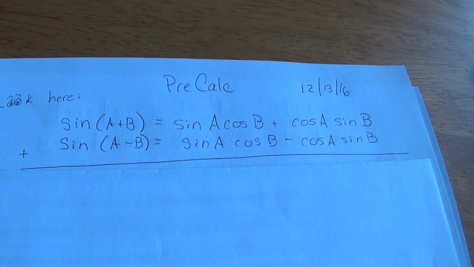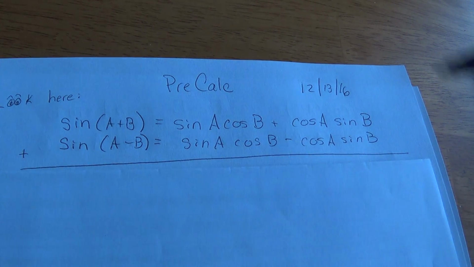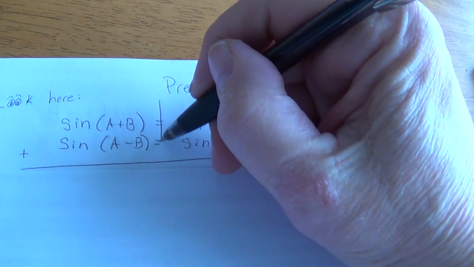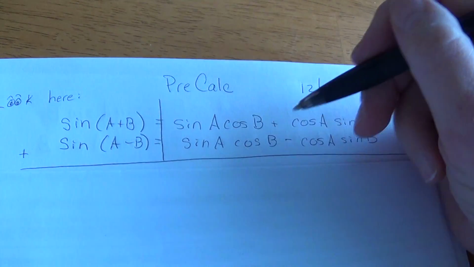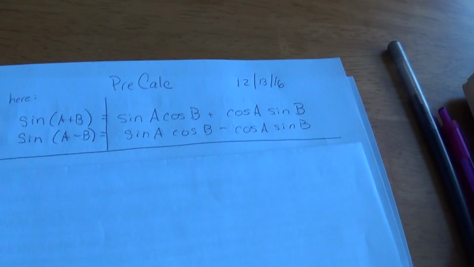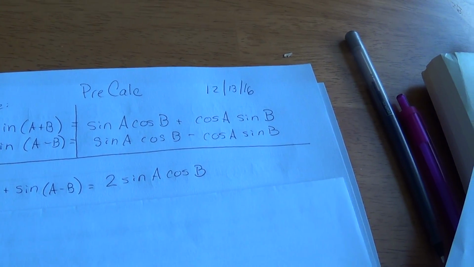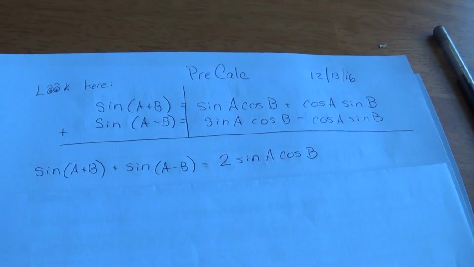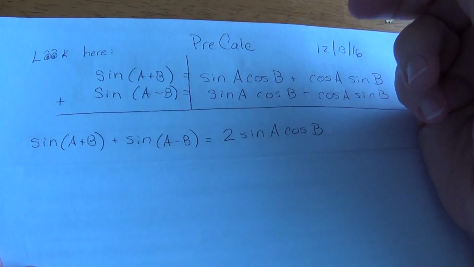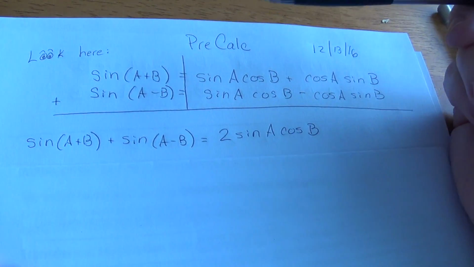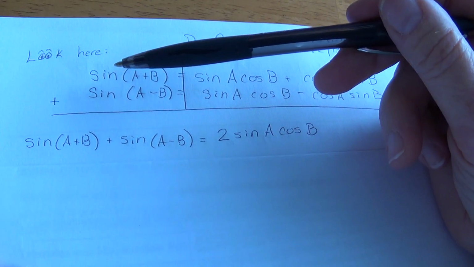I'm going to add 2 equations together because that will create a trig ID that I can find useful. So when I add 2 equations together, I add together what is on the left, and then I add together what is on the right. So when I do that, I will get this expression. And if I go too fast, just pause because I'm trying to go fast.